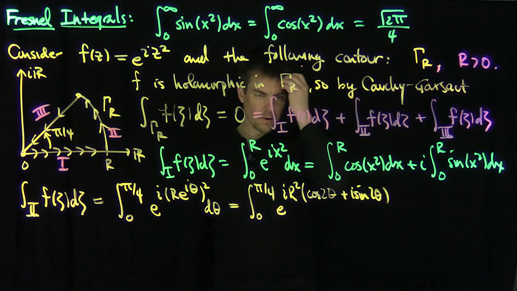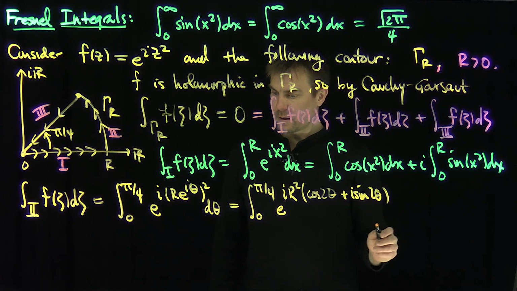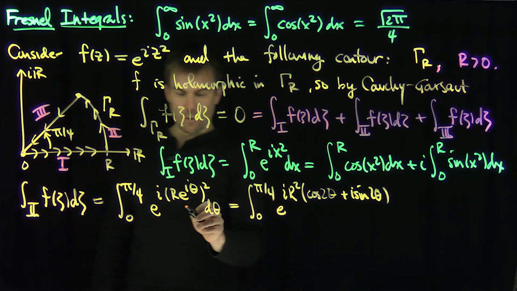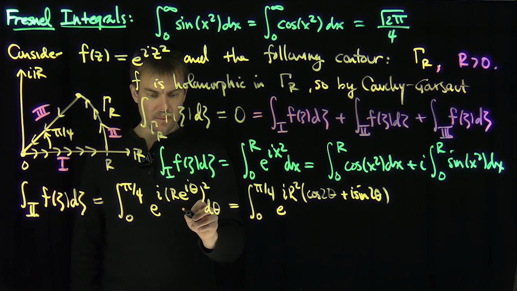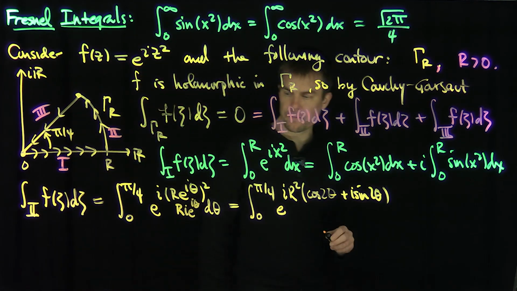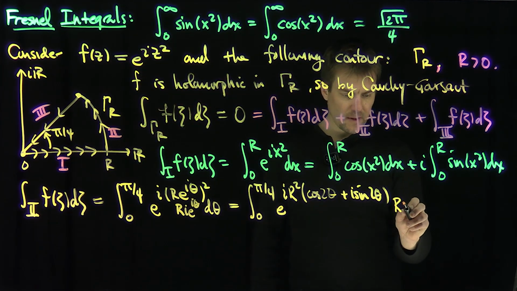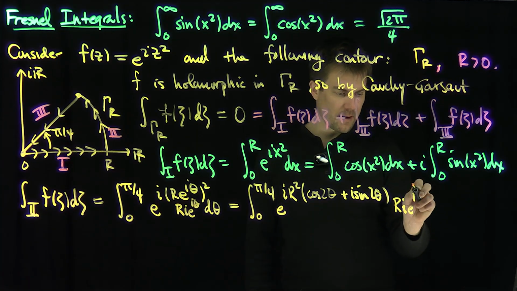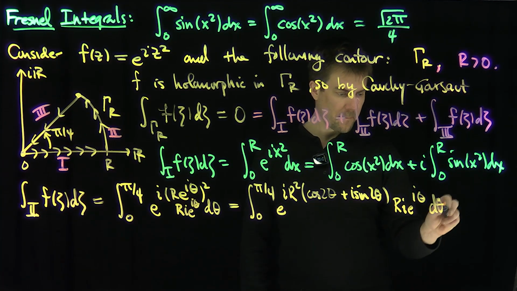And I have to multiply this by the derivative of the inside, so I'm going to have an r i e to the i theta d theta. Okay, so that's the chain rule. So then I have r i e to the i theta d theta, like that.